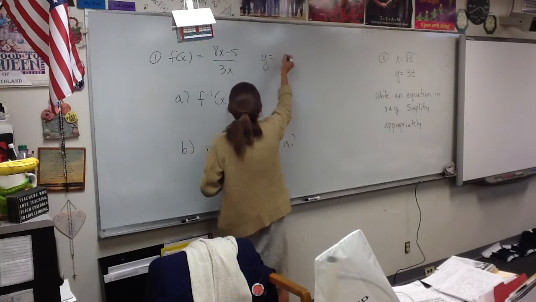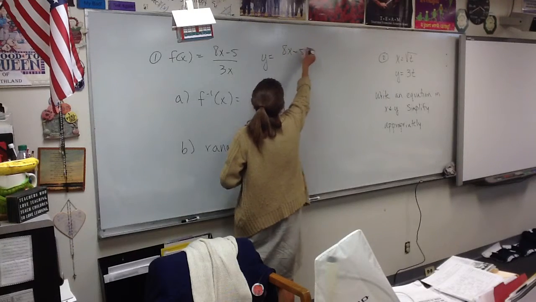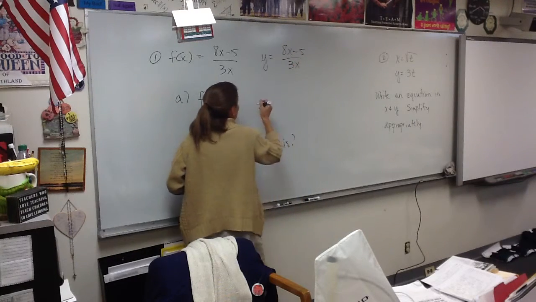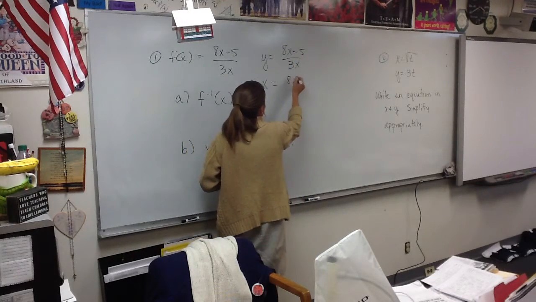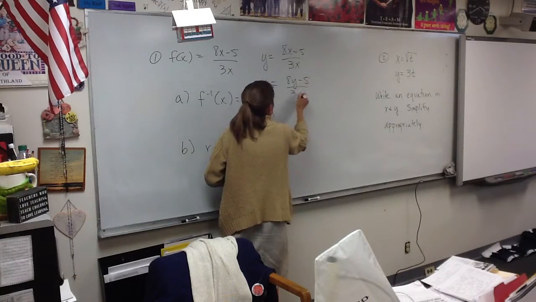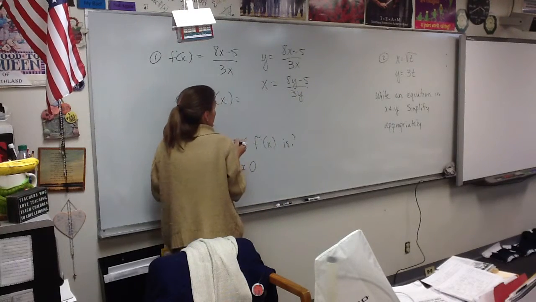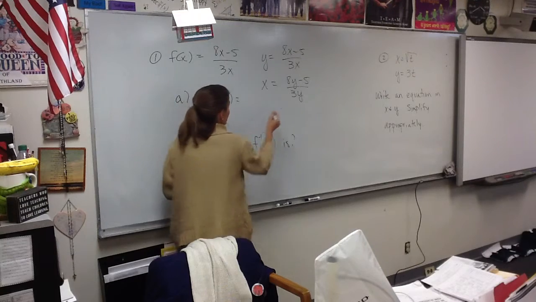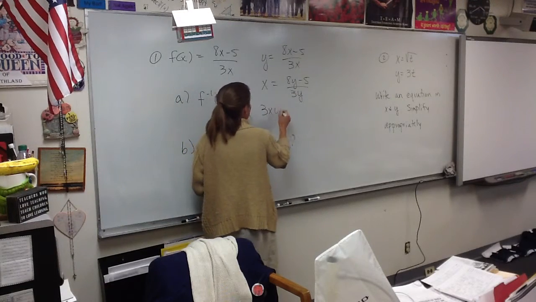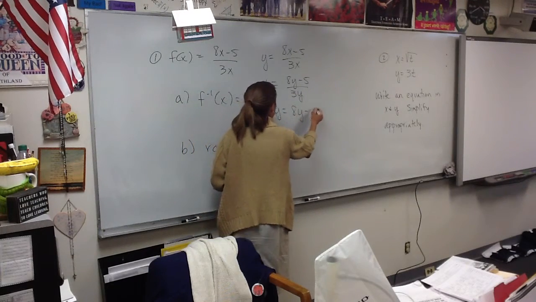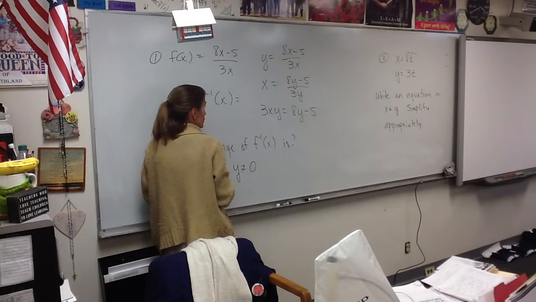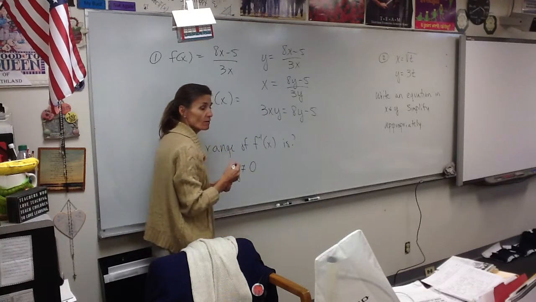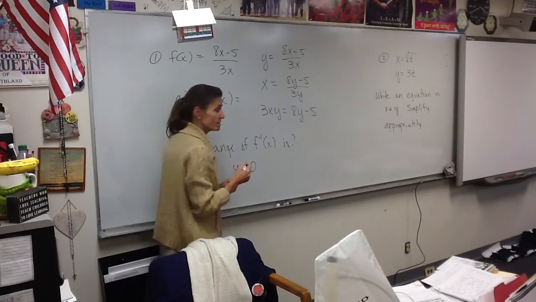So I'll substitute in a y here. And then what do I do? Switch my variables. And then what do I do? Get rid of the fraction. In the process now of solving for y. So once I get rid of the fraction, I'll make sure everything with a y is on one side.